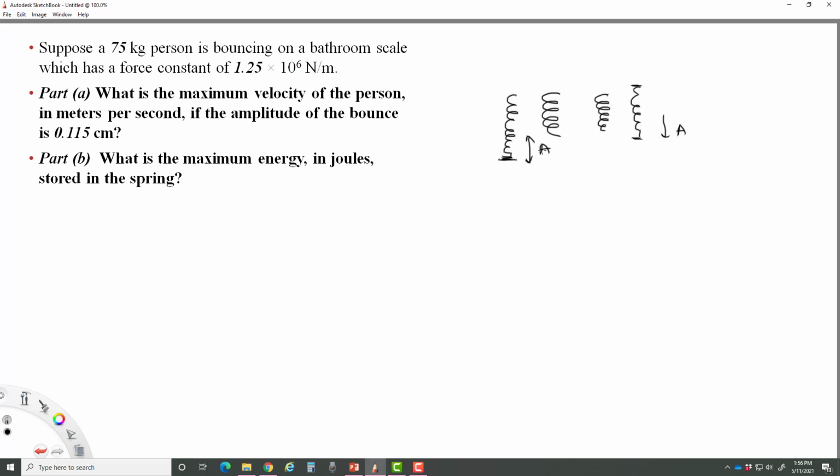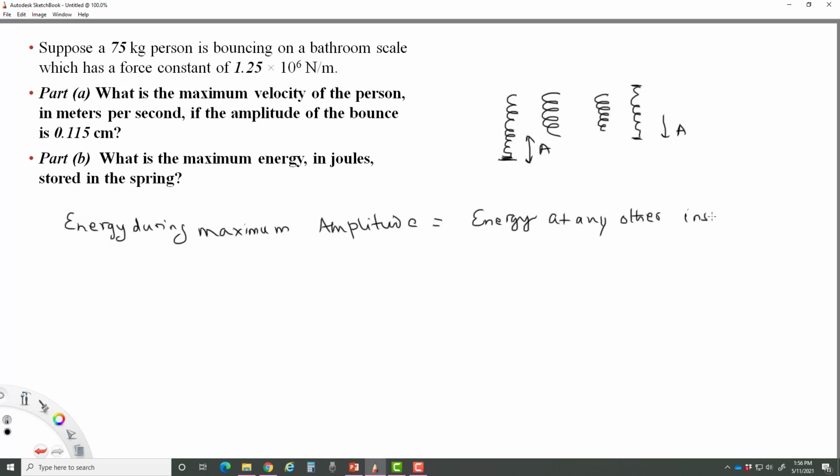So this is the amplitude, the maximum displacement, and during the stretching, its energy during maximum amplitude, that would be equal to energy at any other instant. Again, like I said before, no matter where the spring is or what the configuration of spring is, its total energy is always the same, because energy is conserved.